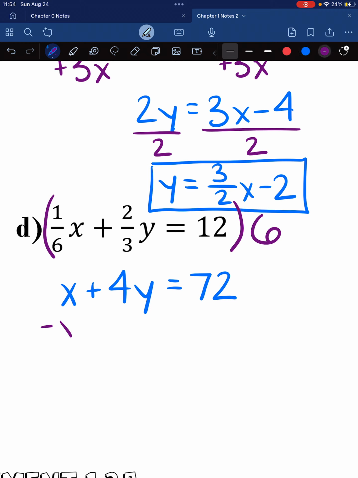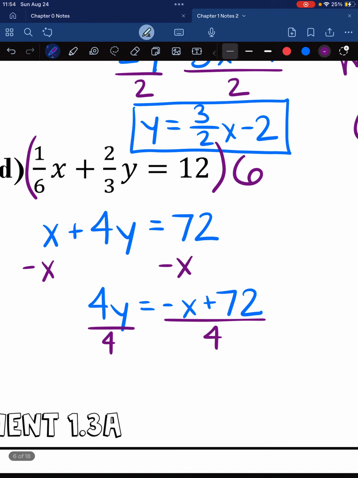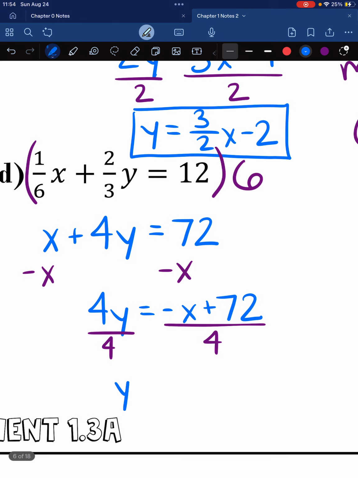Once we have this, it is so much easier to rewrite it in slope-intercept form. We now have our equation in slope-intercept form.